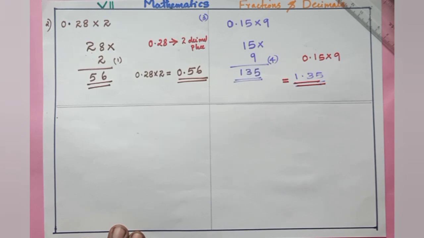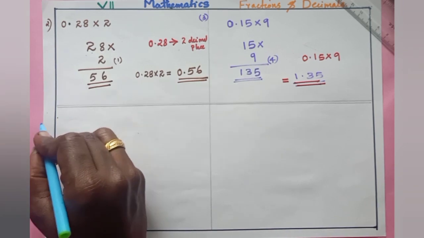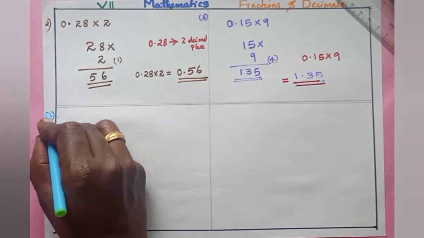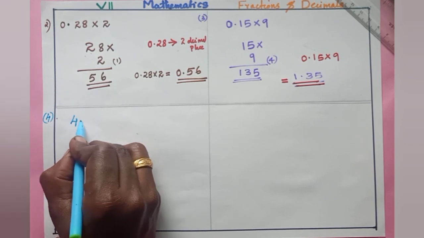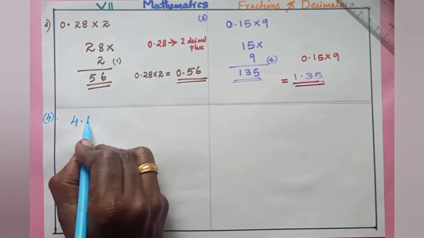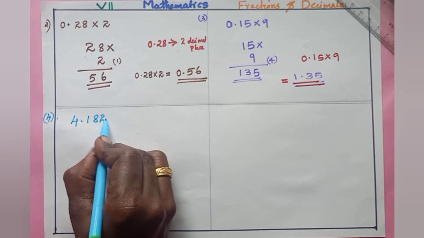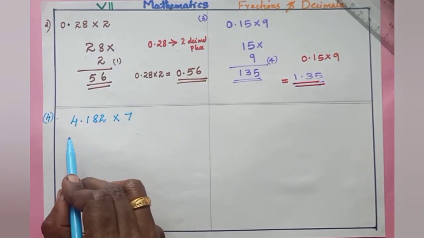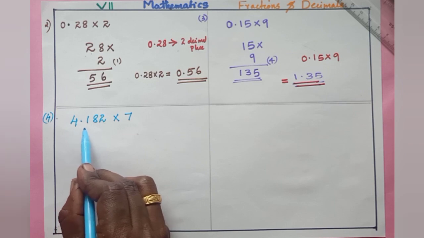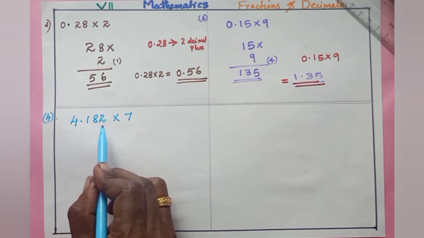Listen to the fourth question. 4.182 into 7. Here the multiplicand is 4.182.